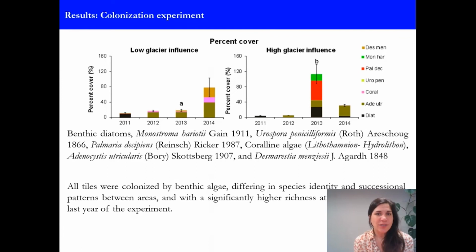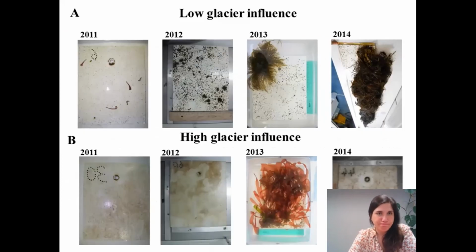And we saw that all the tiles were colonized by benthic algae, that they differ in species identity and successional patterns between areas, and that there was a significantly higher richness in the low glacial influence area than in the high glacial influence area during the last year of the experiment. Here you can see an example of some tiles and how these were colonized by different species during the 4 years of the experiment.